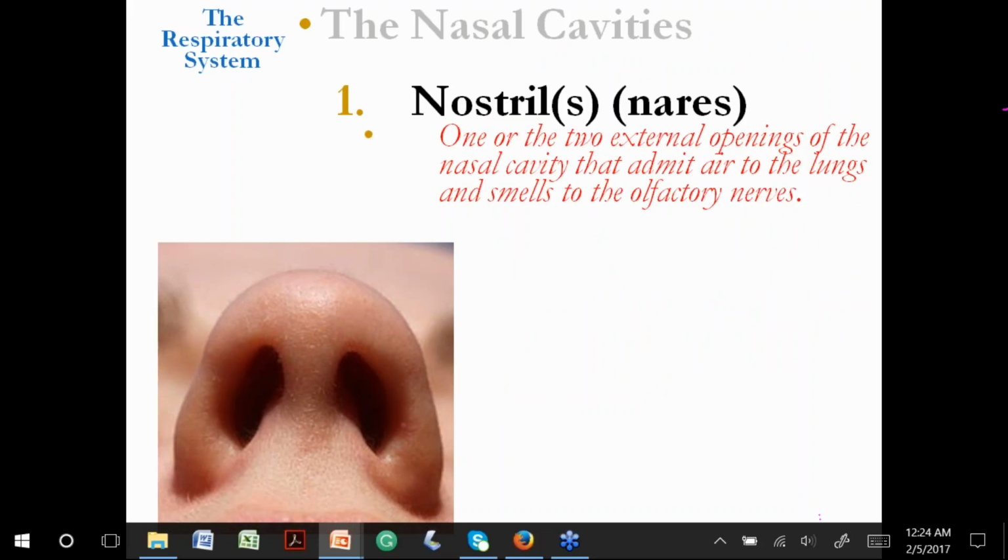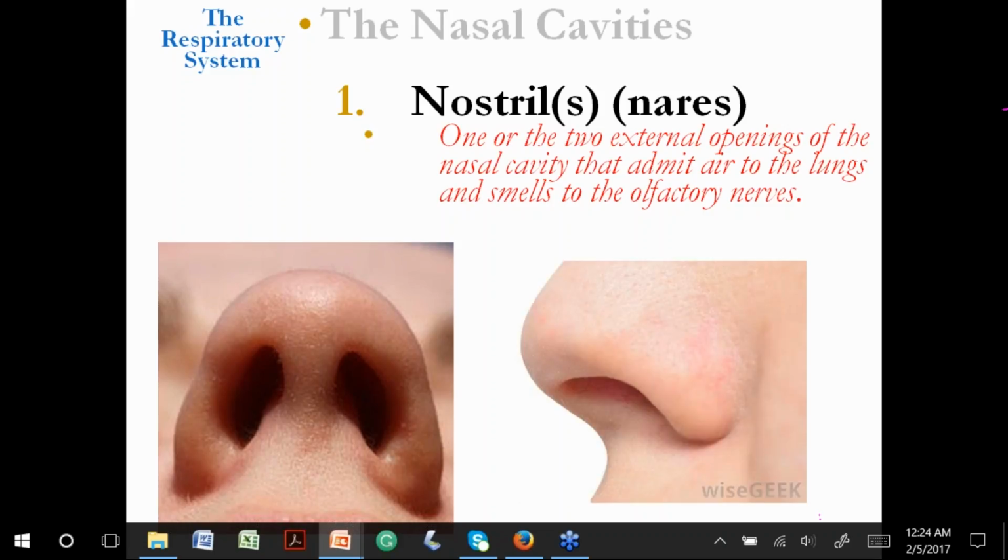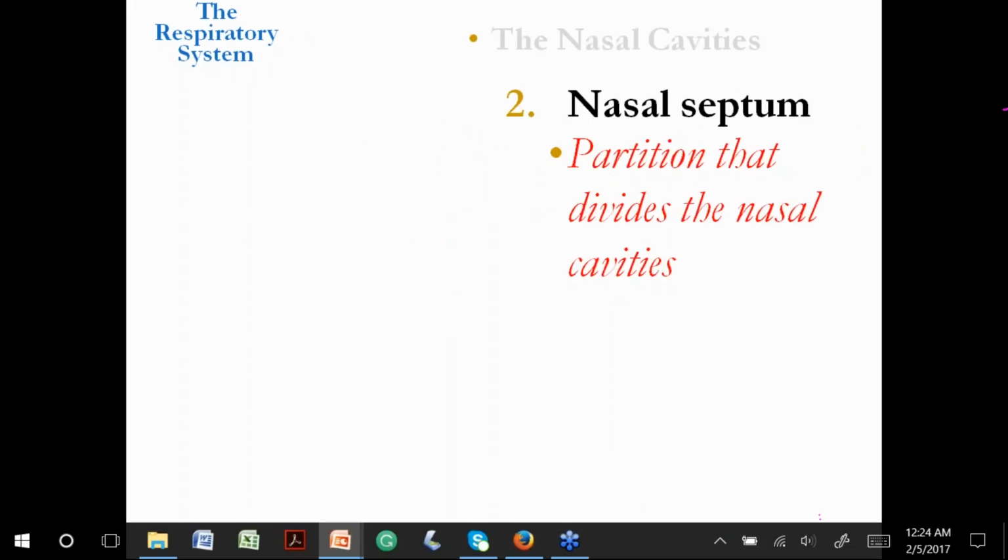What I want you to remember is that technically, when we refer to the nose, we talk about nostrils. Nostrils is very common, or nares, which is not so common, but we can use that name too. But nostrils is the more technical name for these openings.